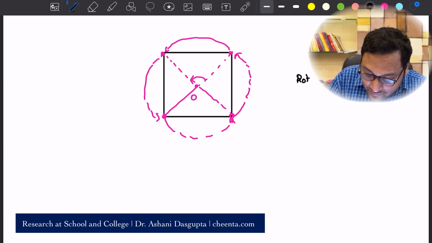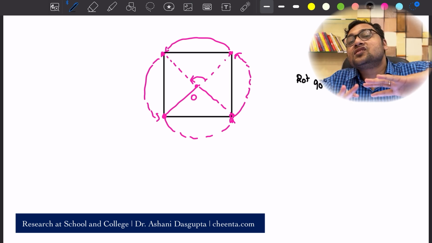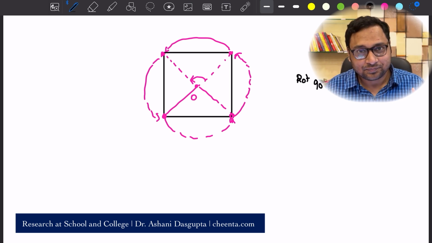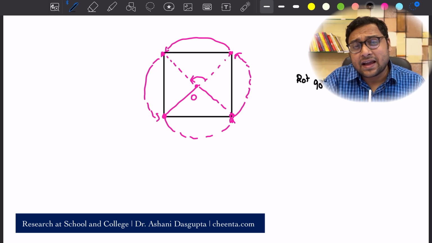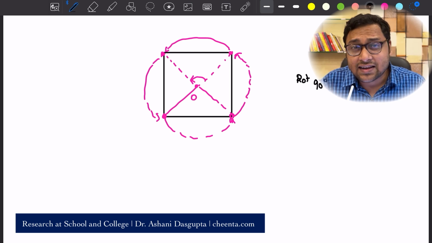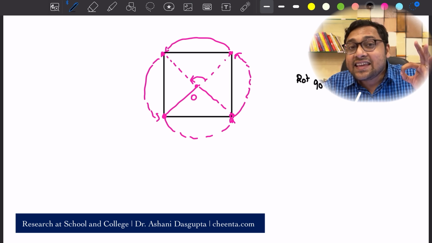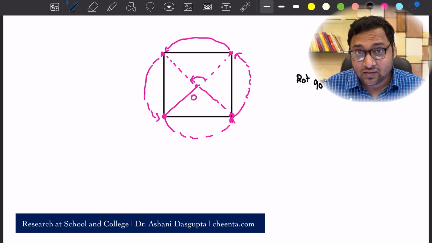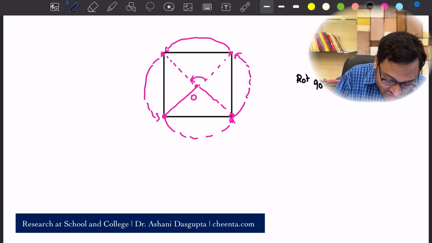Rotation by 90 degree brings the square back to its own position. Therefore, rotation by 90 degree about the point of intersection of the diagonals of the square is an example of a symmetry. So, here is a challenge question.